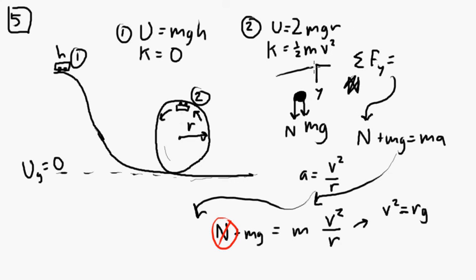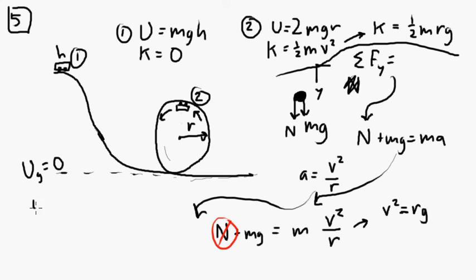So if you're going the absolute slowest you can go, your kinetic energy is K equals 1/2 mrg.